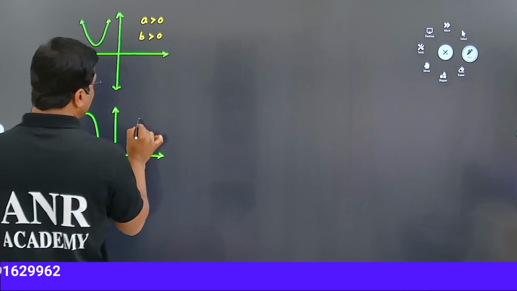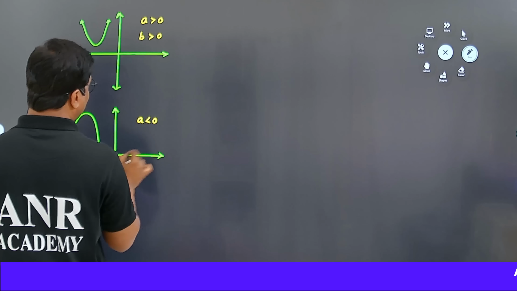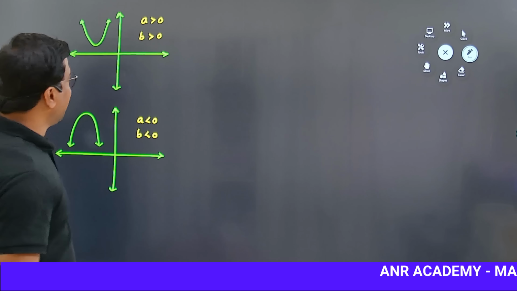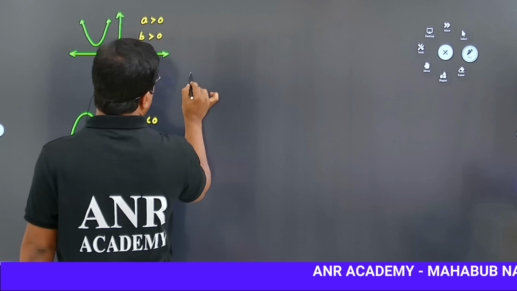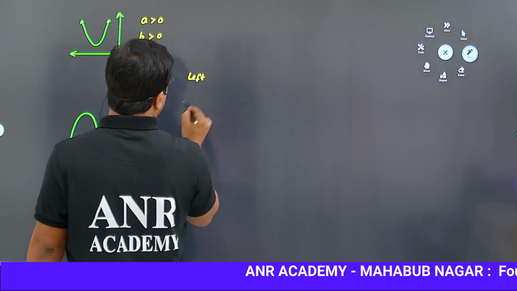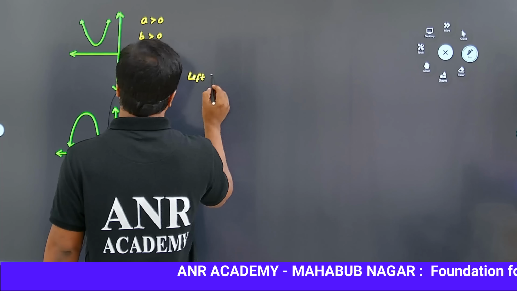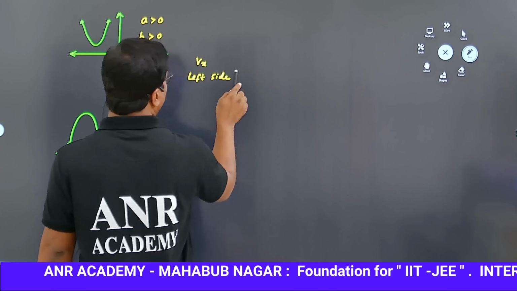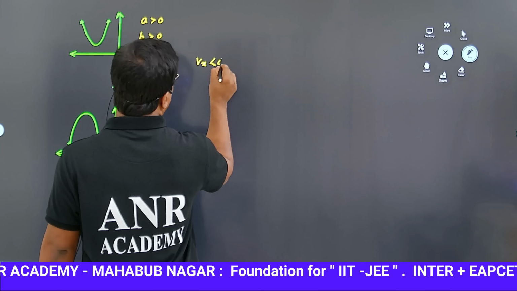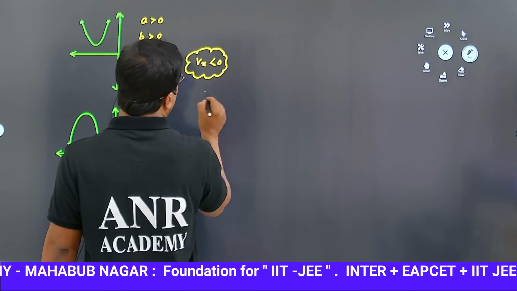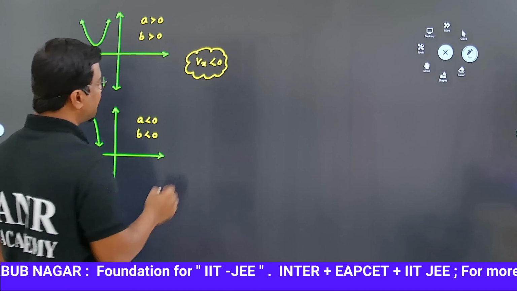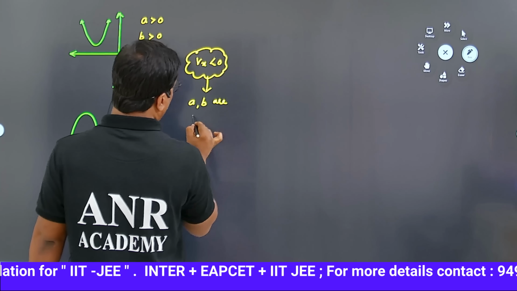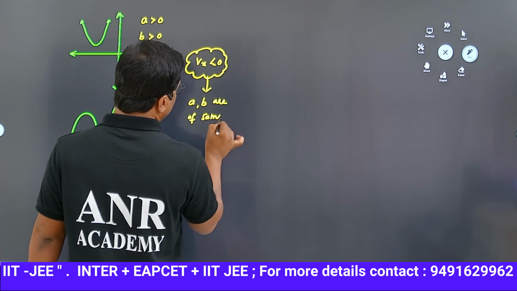Next, A less than 0 due to reverse of U shape, B also less than 0. When the graph is entirely on the left side, for left vertex, Vx negative. The meaning here, if Vx is negative, both A, B have the same sign. When Vx is negative, A comma B are of same sign, remember.